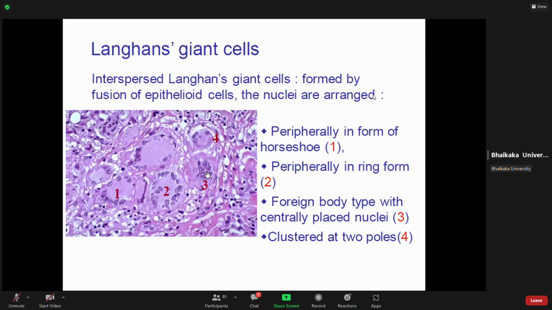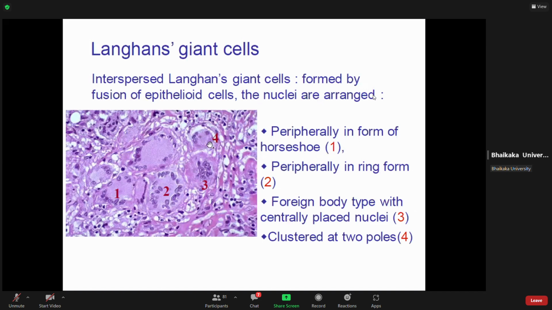Number 3, foreign body type with centrally placed nuclei. All the nuclei present in a single giant cell are located centrally in this type of giant cell. And the last is when the nuclei occur at 2 poles, either at the north-south or east-west pole.